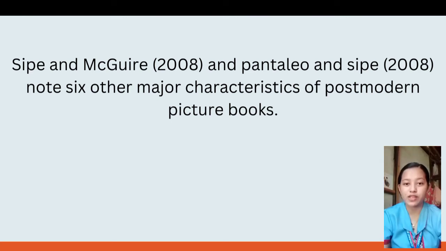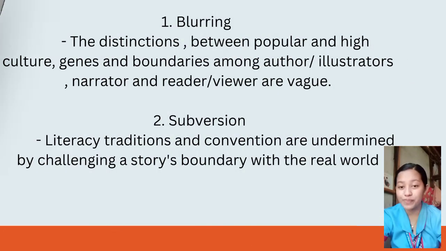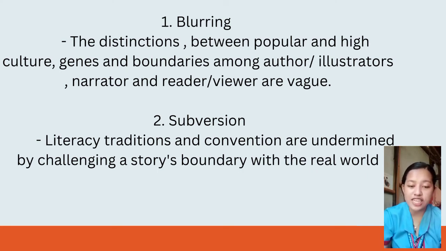Postmodern picture books. Let's move on to Sipe and McGuire 2008 and Pantaleo and Sipe 2008, who note six major characteristics of postmodern picture books. The first is blurring the distinction between popular and high culture, genres, and boundaries among authors, illustrators, narrators, and readers or viewers are vague.